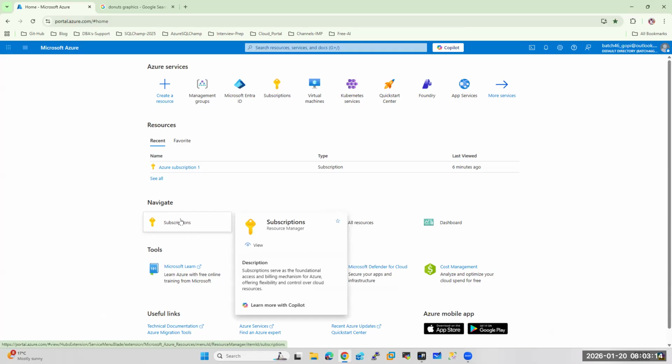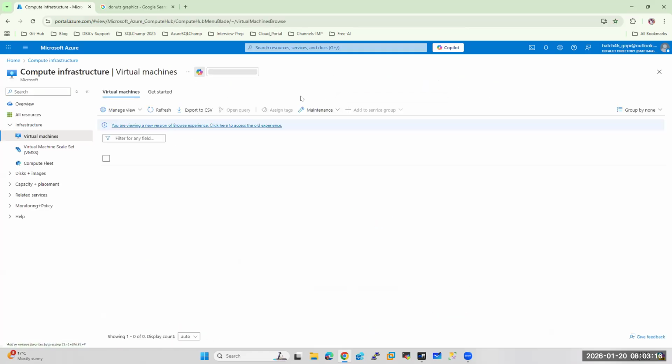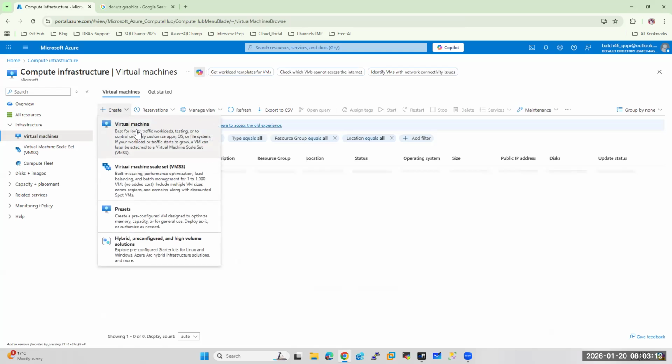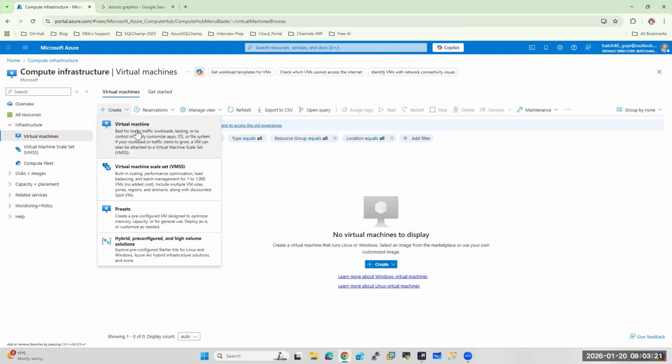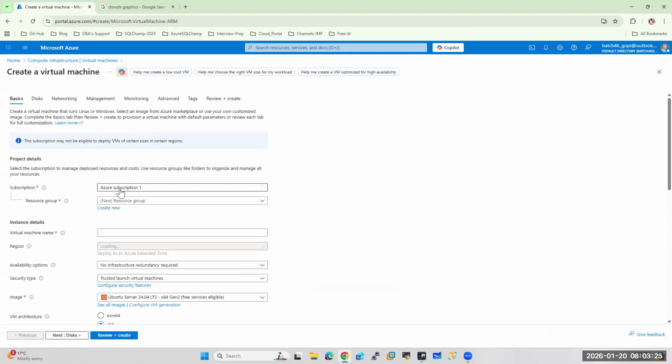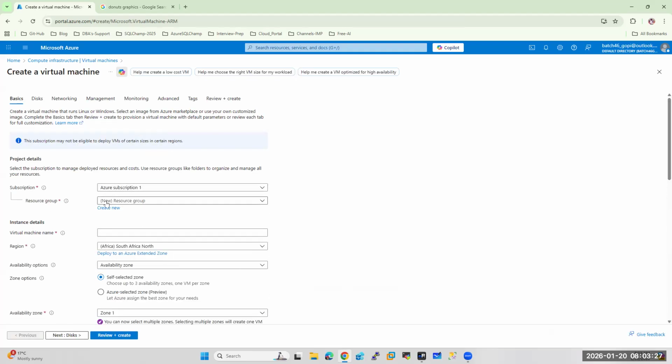No, it won't allow. Whatever service you are going to deploy, for example, if I decide to deploy the VM as part of today's demo, first it is asking for the subscription. Next, it will ask for the resource group, under which you are going to deploy the resources.